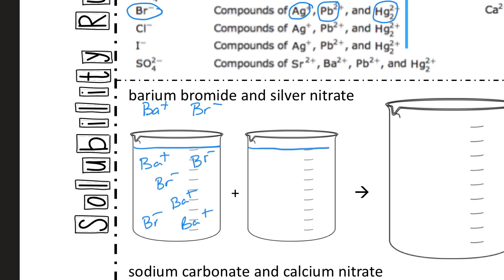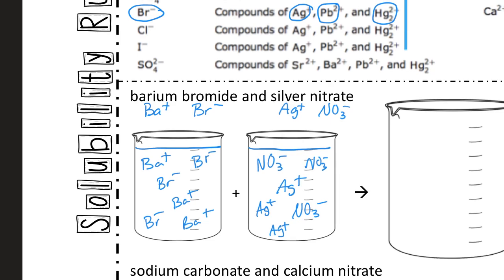Here's my other solution, silver, which is going to have a positive ion, and nitrate is going to have a negative ion. And again, these are going to be floating around. They're completely disassociated. Remember, that means that they are broken apart into their charged parts. And they're just floating around there.